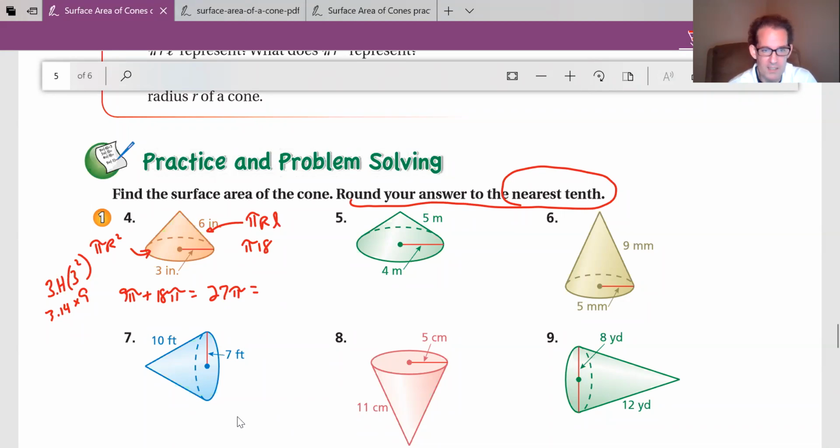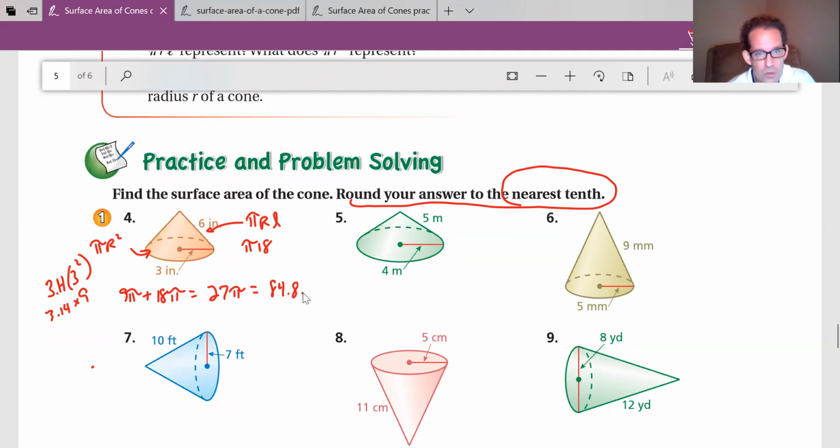I'm going to go to my calculator and find out what that equals. 27 times 3.14 equals 84.78. But if I round this to the nearest tenth, that 8 in the hundredths place is higher than 5, so I'm going to round this up to 84.8.